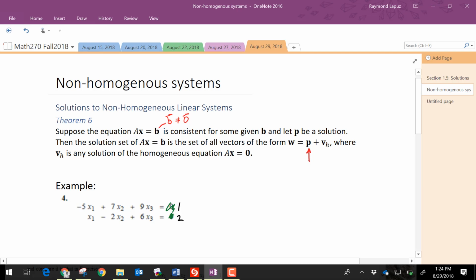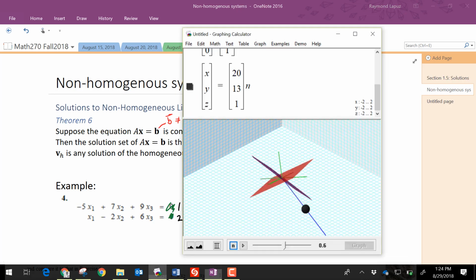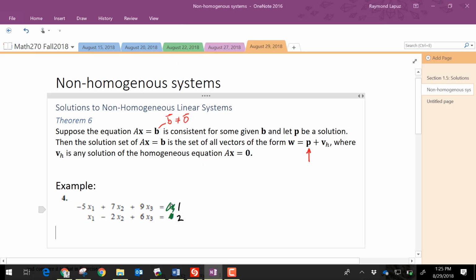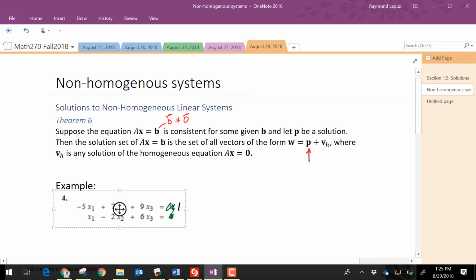1 and 2. Thank you. So let's take a look at the graph of this first, and then we'll explore the actual solution. Would that work?